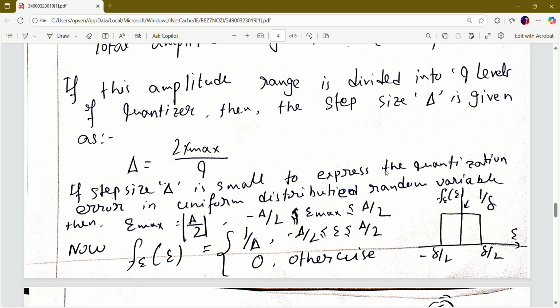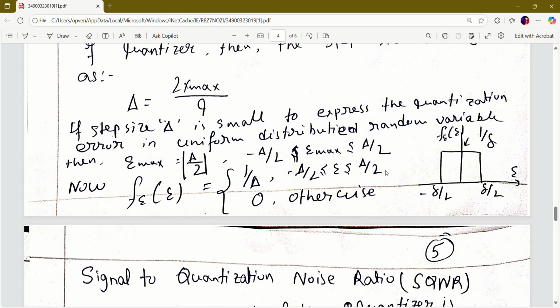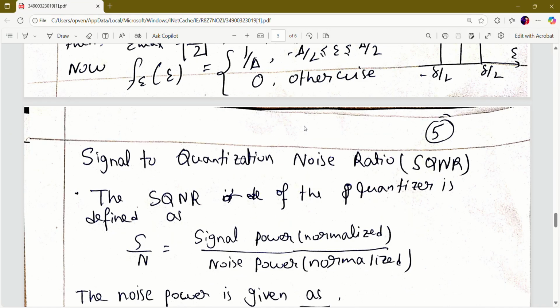Then let us approximate that the step size is very small, so the error is distributed as a uniform distribution ranging between minus delta by 2 to plus delta by 2.